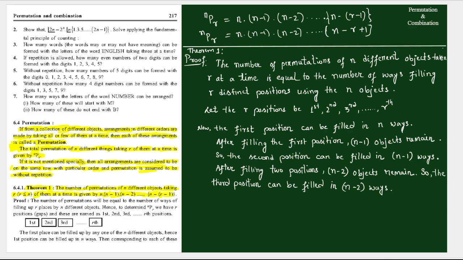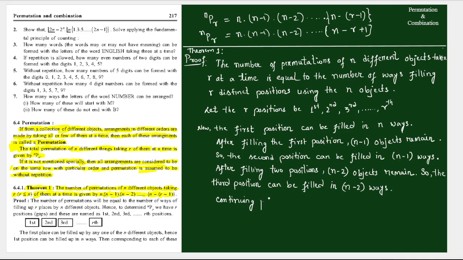Now, going up to the r-th position, what will happen? It will be one less than the objects remaining. Obviously it has to go up to r objects, so one less than r will be r minus 1.